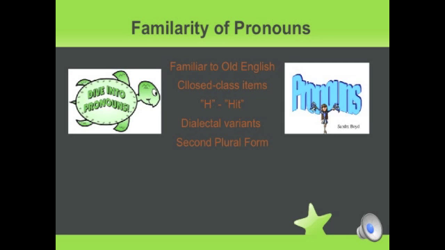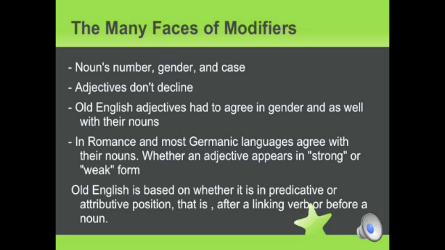For example, the aspirated H of hit has eroded in modern it. In some instances, dialectal variants have replaced standard forms. The second person plural form you generalized to become both the nominative and object form in the plural, and in the singular, replacing thou and thee.